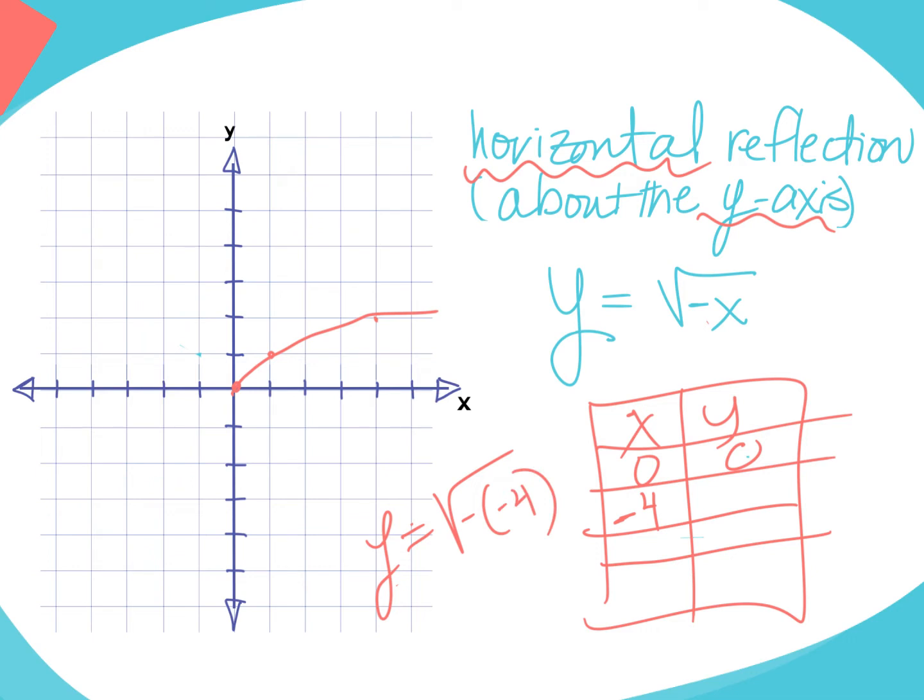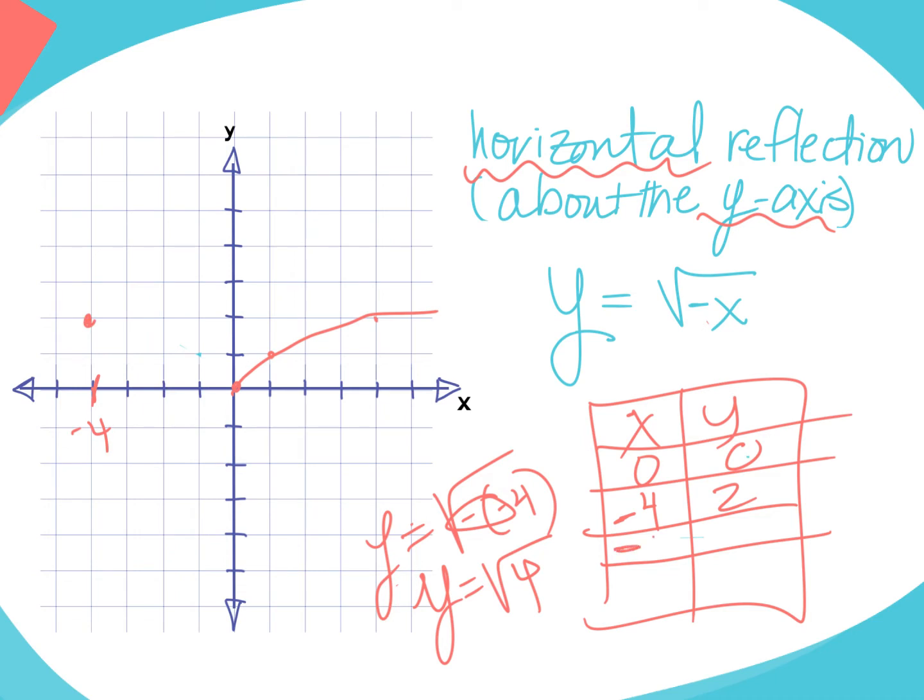You see what just happened? y equals square root of negative negative 4, which is 4. There you go, we get a positive 2. I know you noticed that when you graphed it during class, but right now you understand more of the algebraic part of it. What is happening here is I'm going to input a negative 4 inside, but it's going to spit out a positive.